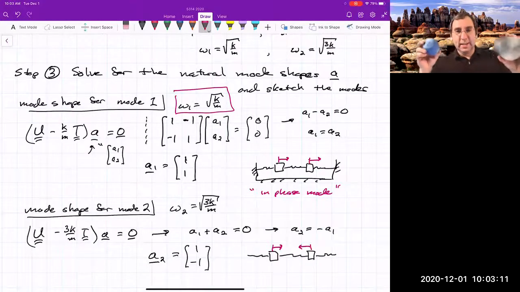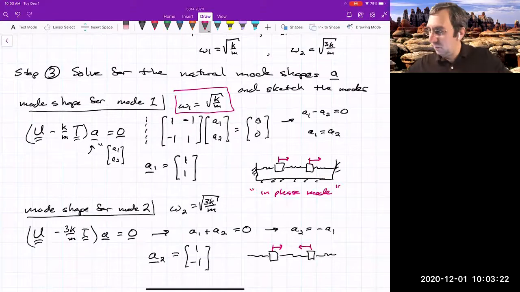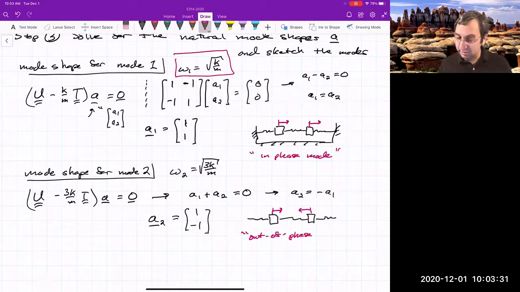So if you displace these exactly opposite, they'll both oscillate out of phase. We call this the out-of-phase mode. I mean, I'm naming it that; nobody's going to tell you to name the modes right. So there we go. Simple enough. And this will oscillate with a higher frequency.